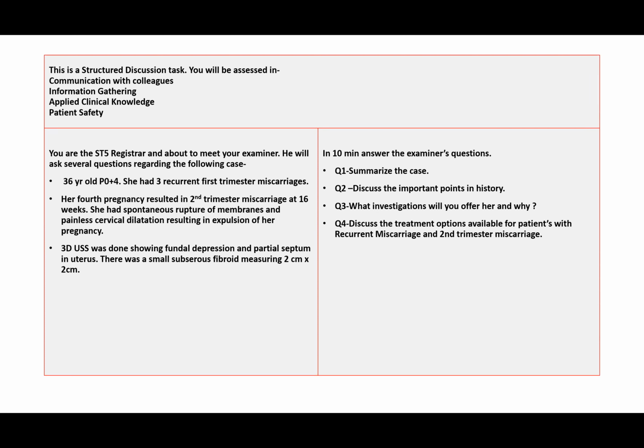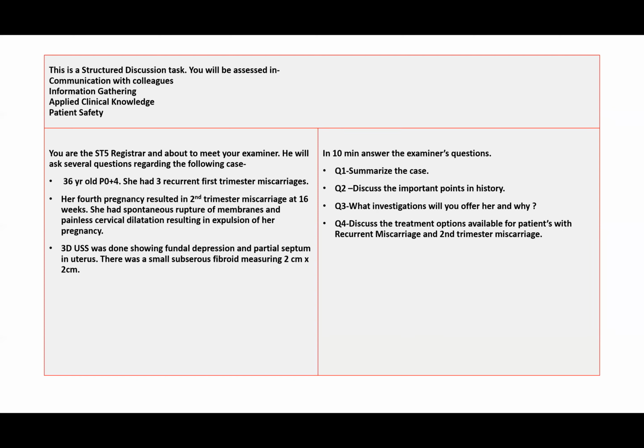In this case, a patient having recurrent pregnancy loss should be managed in a dedicated recurrent pregnancy clinic or dedicated early pregnancy assessment clinic. The patient may require treatment by a multidisciplinary team.